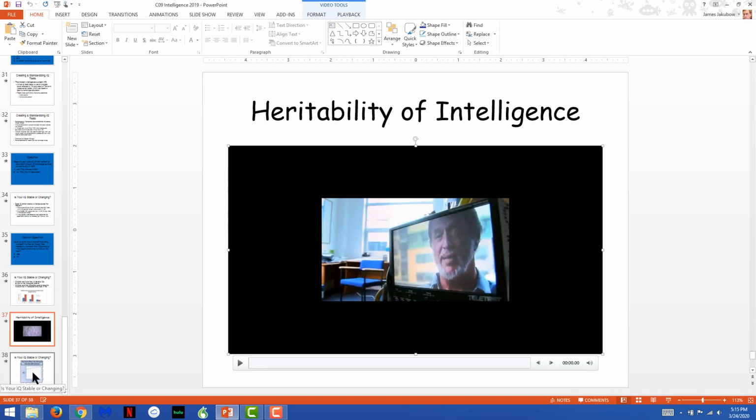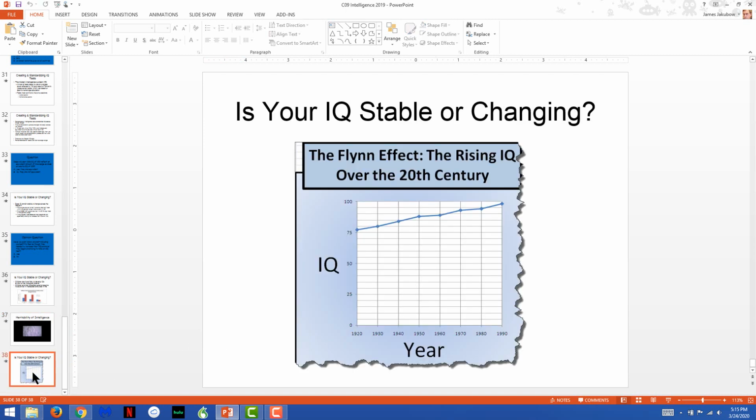Now, the very last thing that we want to focus on is something called the Flynn effect. The Flynn effect was discovered by an economist who was working on how intelligence changed over the course of the 20th century.